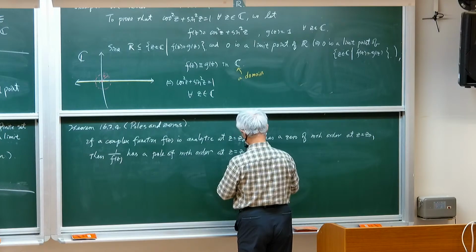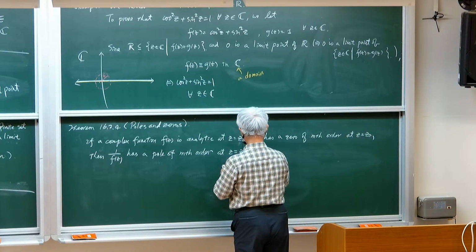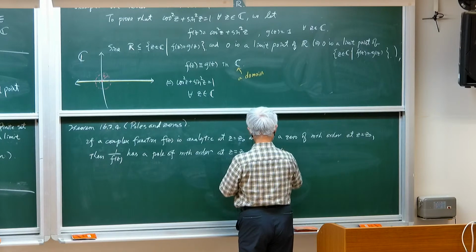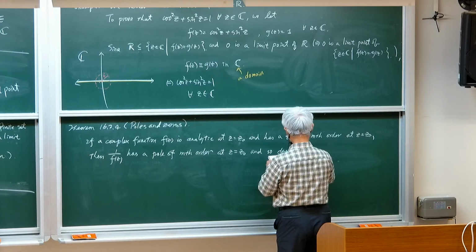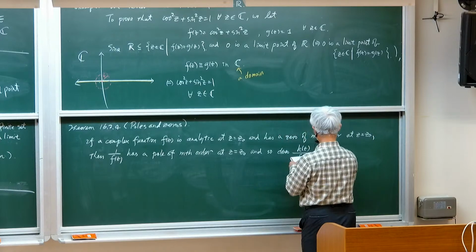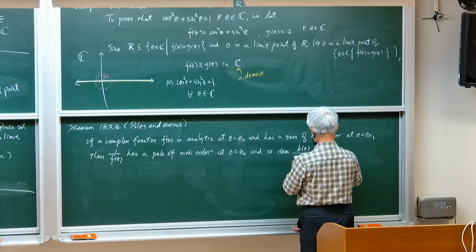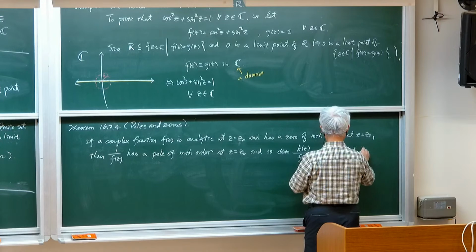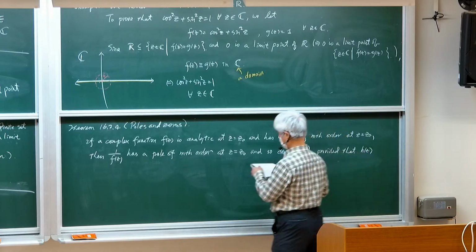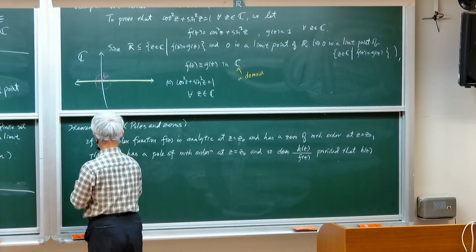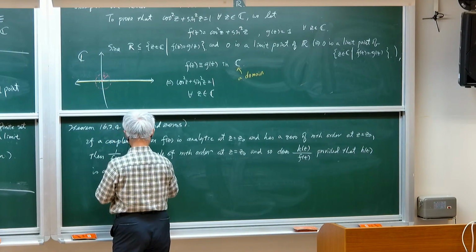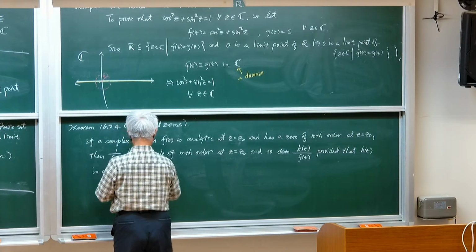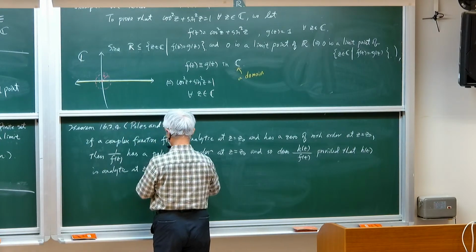And so is the ratio h of z over f of z, provided that h of z is analytic at z equals z0 and h of z0 is not 0.